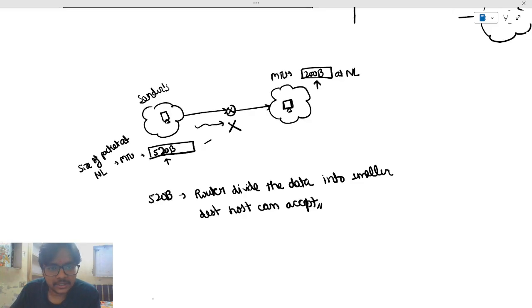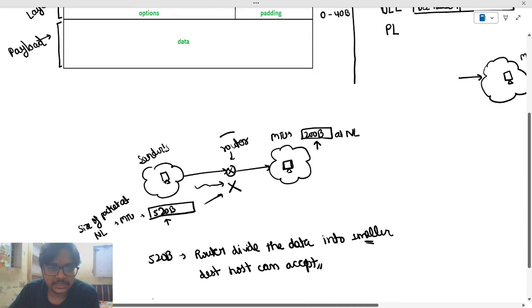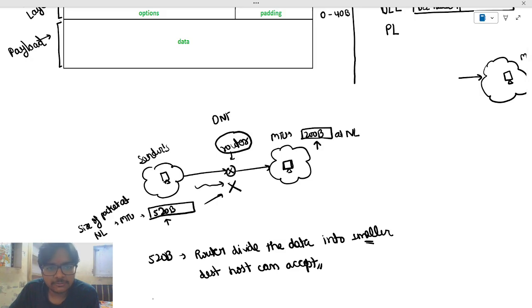When a packet comes at router, it's the router's responsibility to divide the packet into smaller chunks so that the destination can accept that packet. But it is the responsibility of the sender to set this bit, and the router cannot by itself decide if it wants to divide the packet or not. It checks the DNF bit from the IP header, and if that bit allows it to fragment, then only it can fragment the IP packet, which is the datagram.